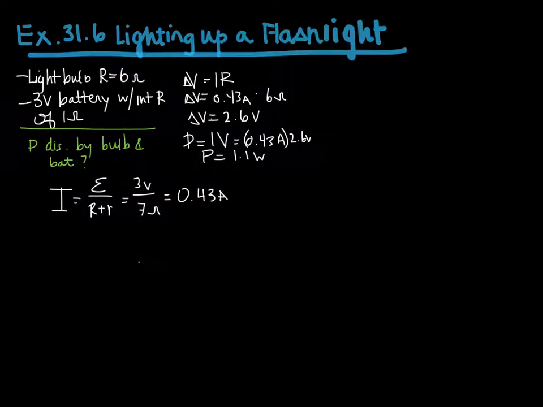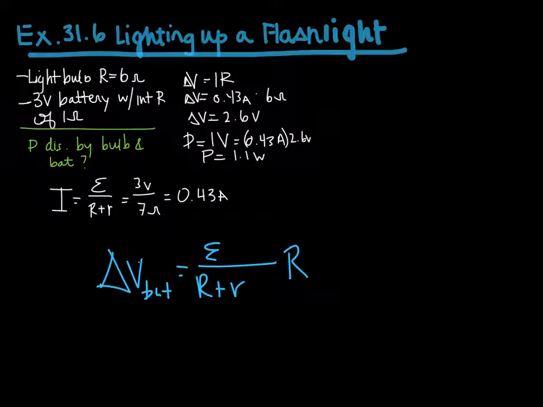We know that it should be 2.6 volts, so I just want to show you how that works out as the terminal voltage. So, when changing potential for the battery, we'll put the current in terms of how we derived it before, which is the EMF over the total resistance, and then we're going to multiply by the equivalent resistance there.